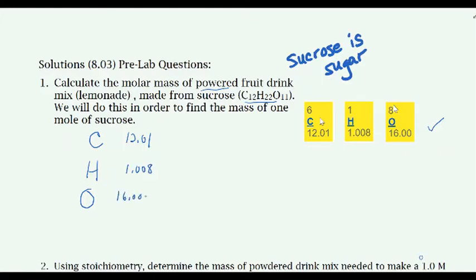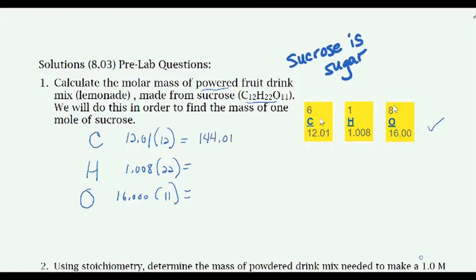And then we have to figure out how many atoms of each element we have and multiply the molar mass of that element by that amount. So you look up into the compound and you see that we have this amount of each. Okay, so we're going to multiply that out.